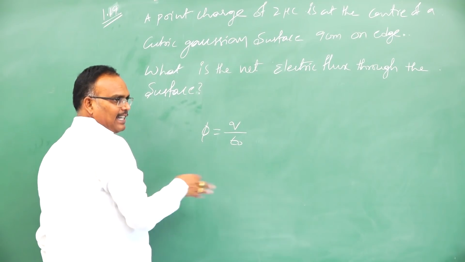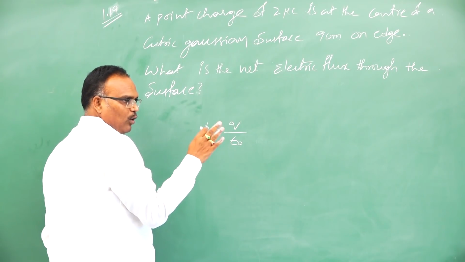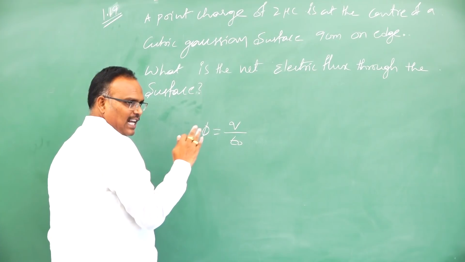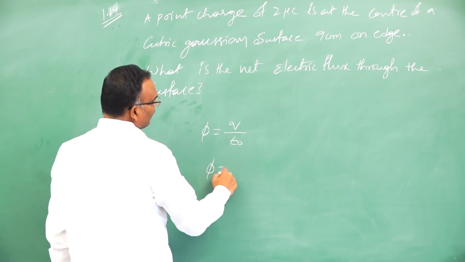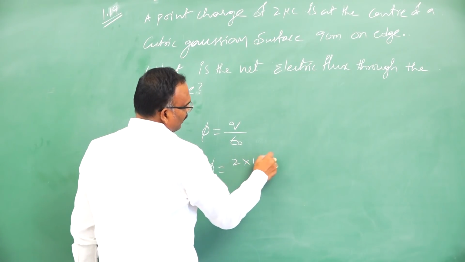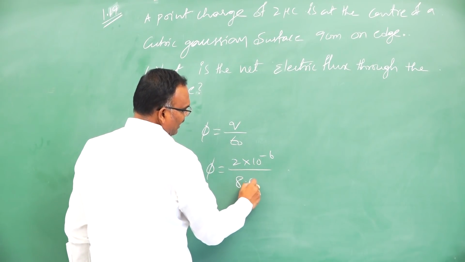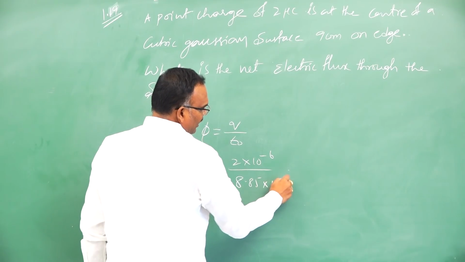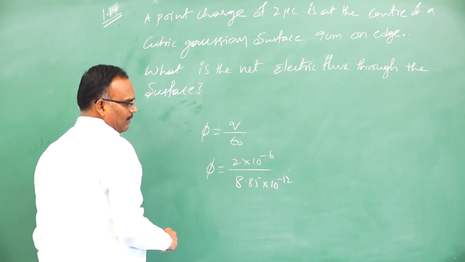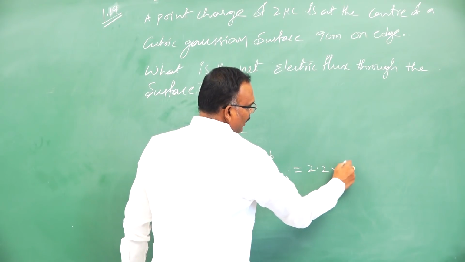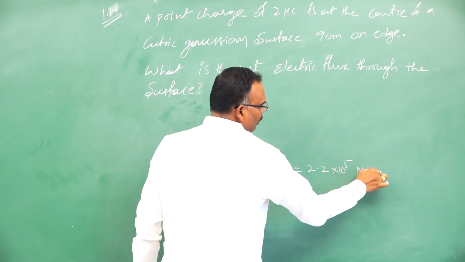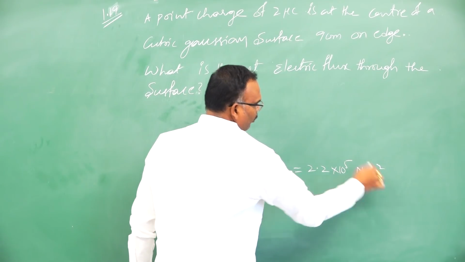Since you are asking about the entire cube, there is no need to worry about the position of the charge inside the Gaussian surface. The charge is 2 microcoulomb, 2 into 10 to the power of minus 6, divided by 8.85 into 10 to the power of minus 12. If you simplify this, you will get 2.2 into 10 to the power of 5 Newton meter square per coulomb.